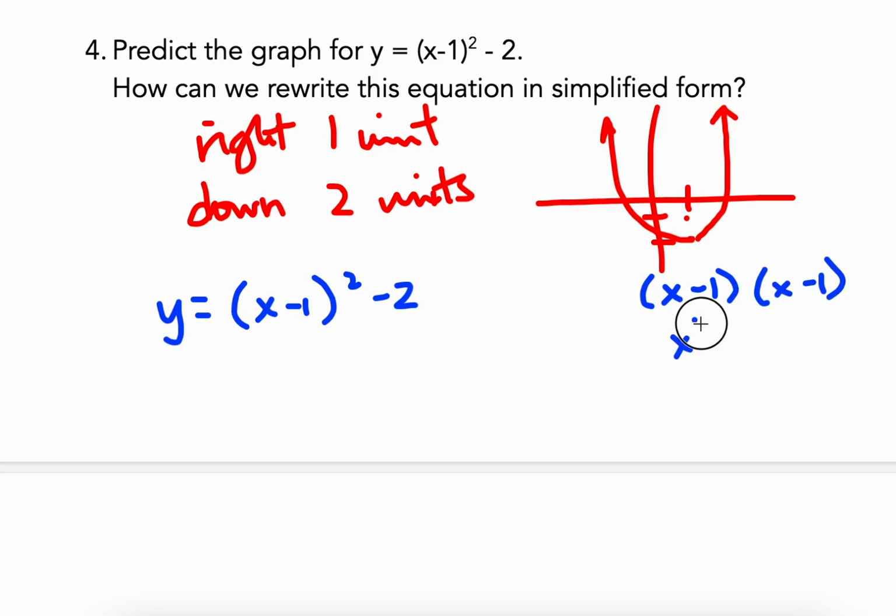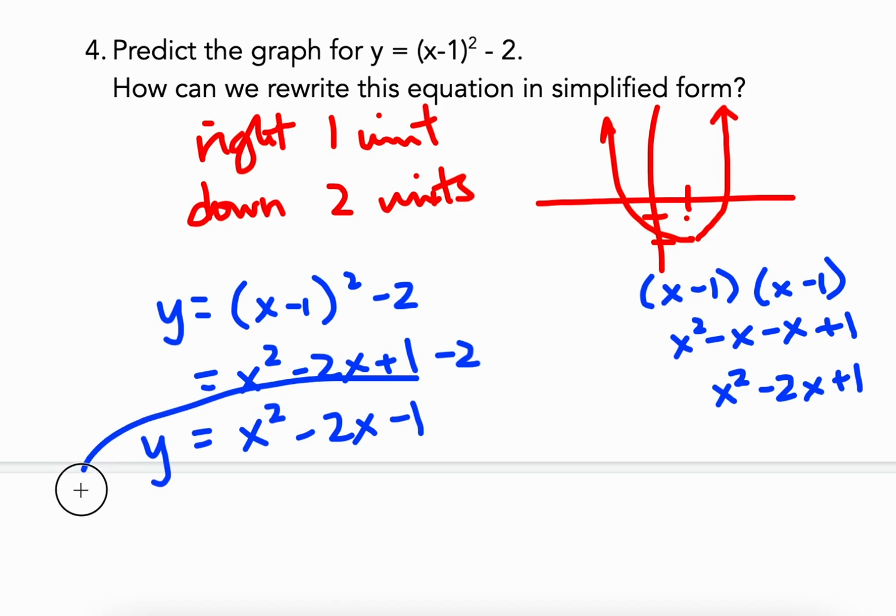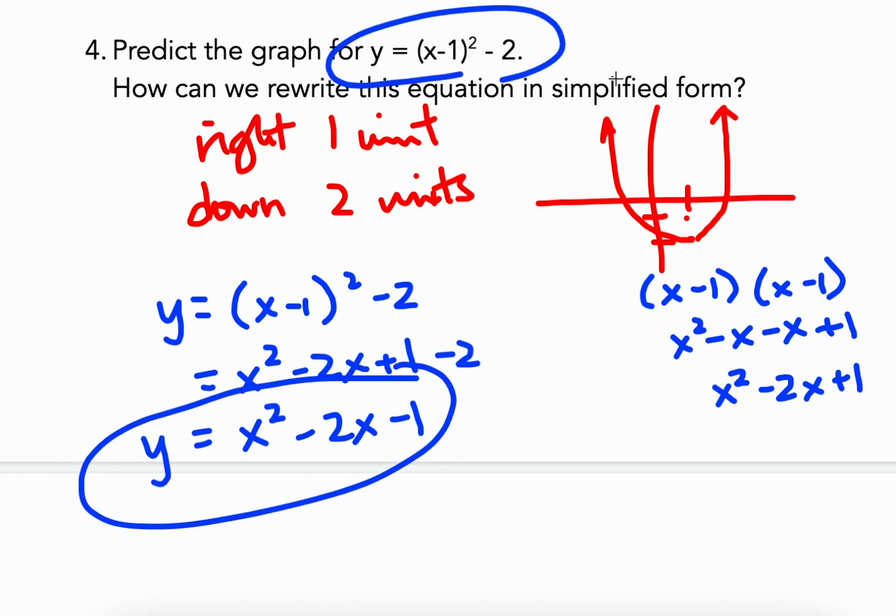So that would become x squared minus x minus another x plus 1, because negative 1 times negative 1 is positive 1, which simplifies to x squared minus 2x plus 1. So this would be x squared minus 2x plus 1, and then minus 2. So this equation is really x squared minus 2x minus 1. These two are the same.